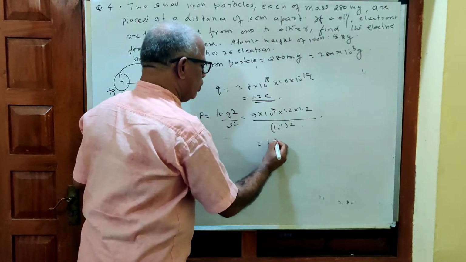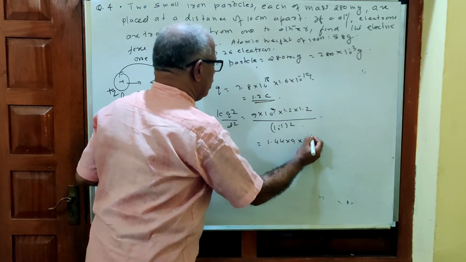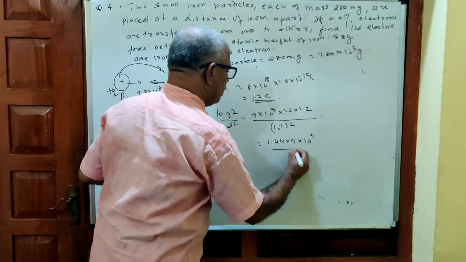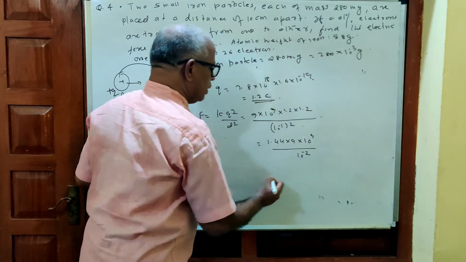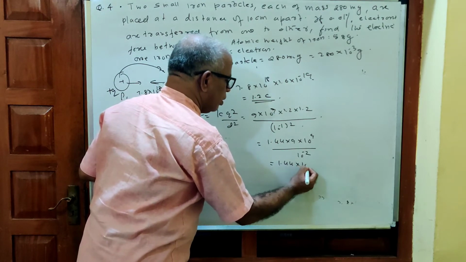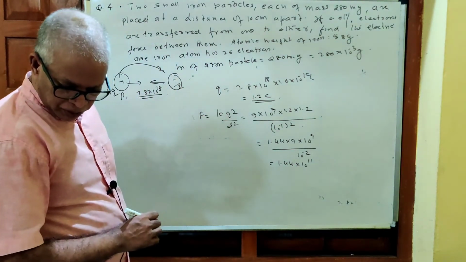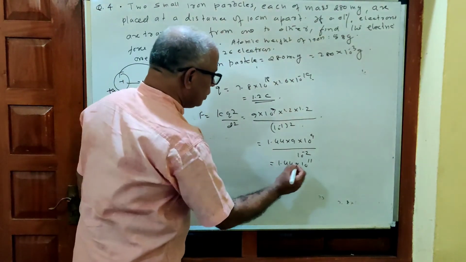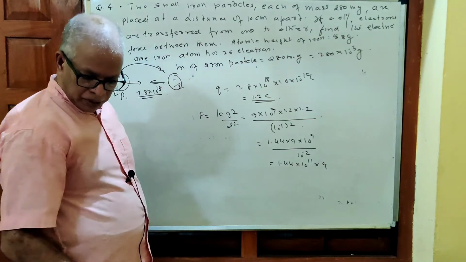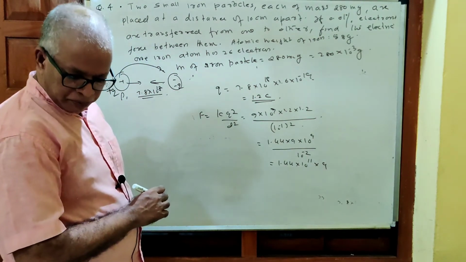So 1.44 into 9 into 10 to the power 9 divided by 10 to the power minus 2. That is 1.44 into 10 to the power 11, into 9. You get a very big value.